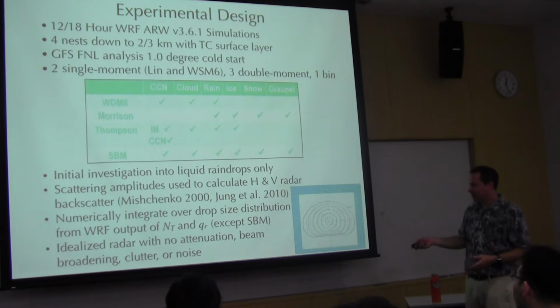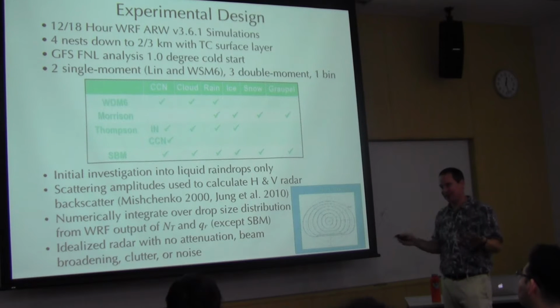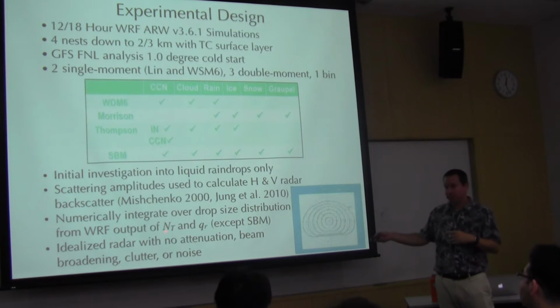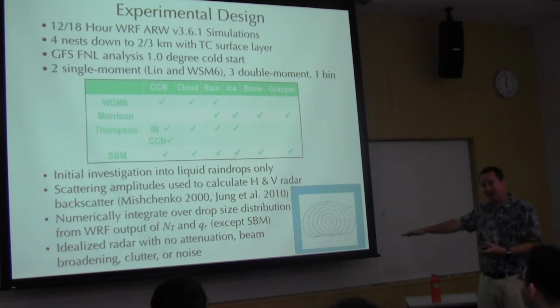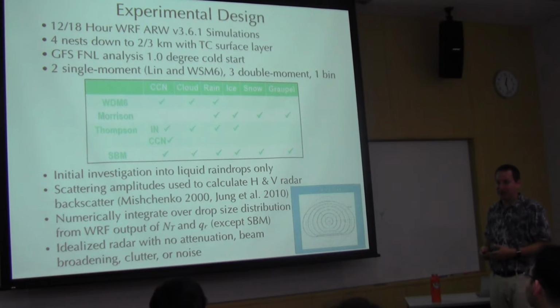We did a very idealized radar with no problems of a real radar. We use QR and NT, except for the spectral bin, where it has 33 bin sizes. We calculate for each bin independently. So that's another issue with the SBM: the amount of output is much higher than the single moment or double moment.